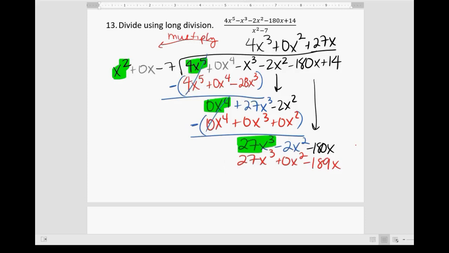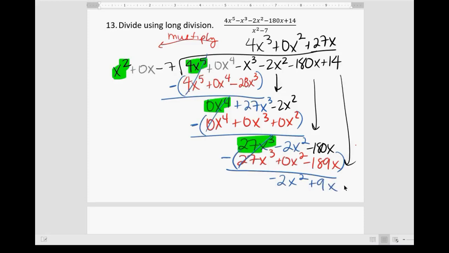Now we're going to subtract everything here. So 27x cubed minus 27x cubed cancels out. Negative 2x squared minus 0x squared is still negative 2x squared. And then negative 180x minus negative 189x is going to be positive 9x.